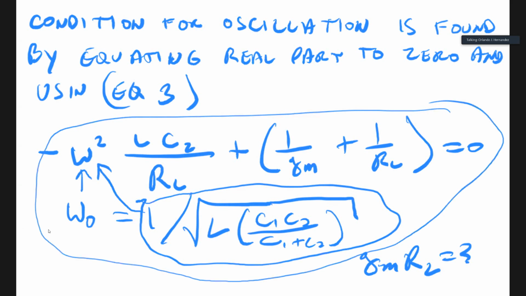A lot of things are going to cancel out, and essentially you get a very elegant solution: GM times RL is just the ratio of the capacitors.